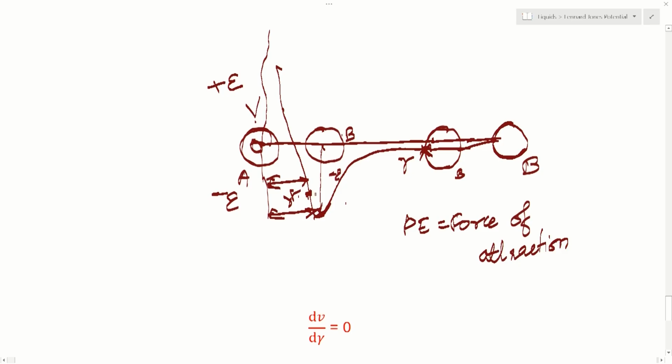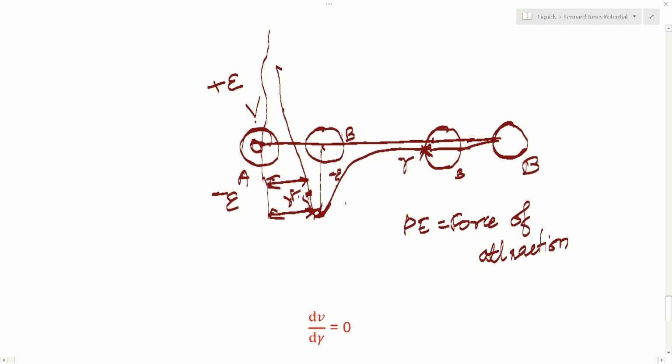Here we have the maximum force of attraction, and from there the value increases towards the repulsive force. So when the molecule is somewhere left of this well, they have the force of repulsion, which means the potential energy is due to the force of repulsion.